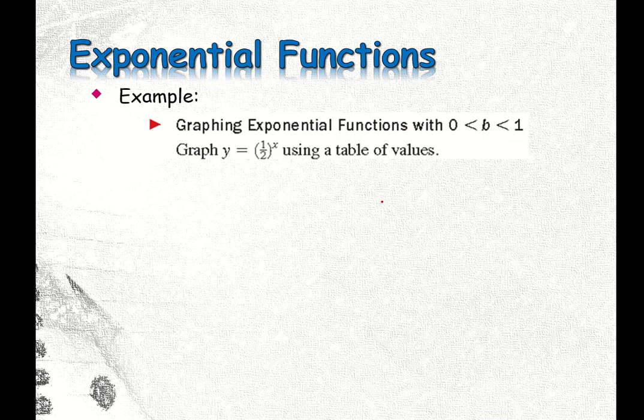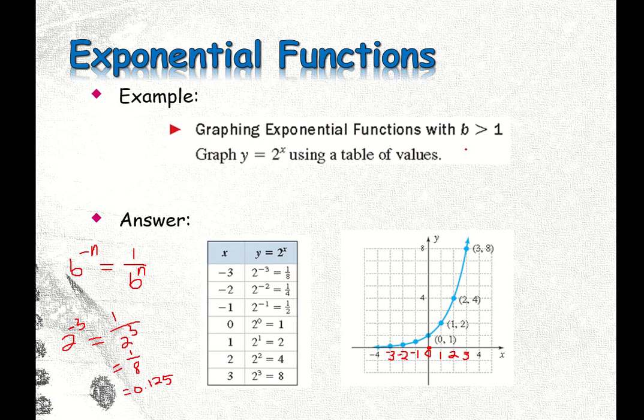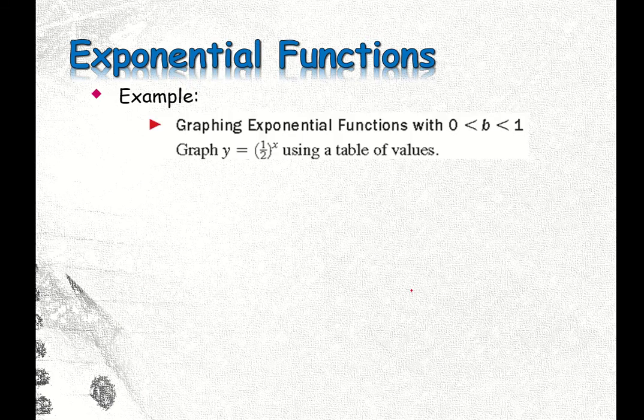Another example here. In our first example, we have b greater than 1. So our base here is greater than 1. For this next example, our b here is less than 1 but greater than 0. So graphing exponential functions with b greater than 0 but less than 1.